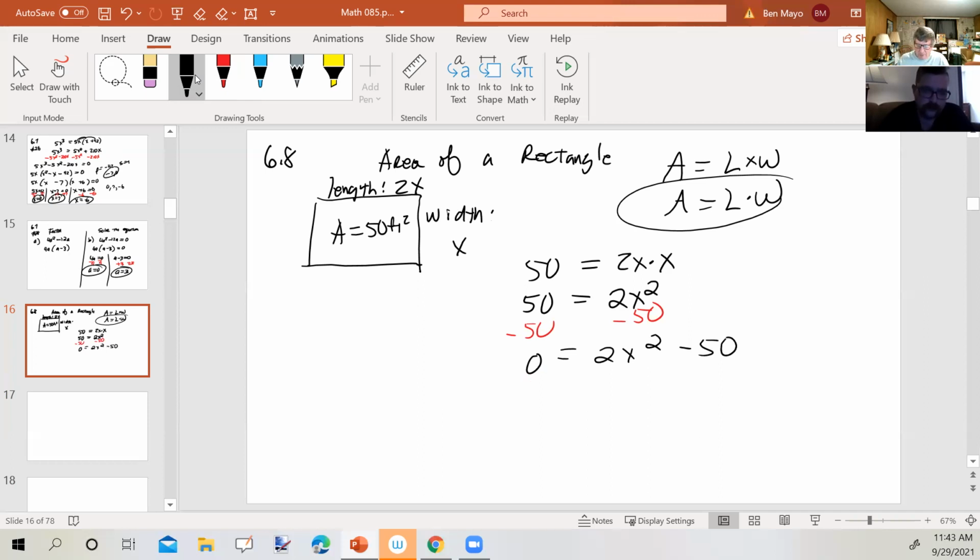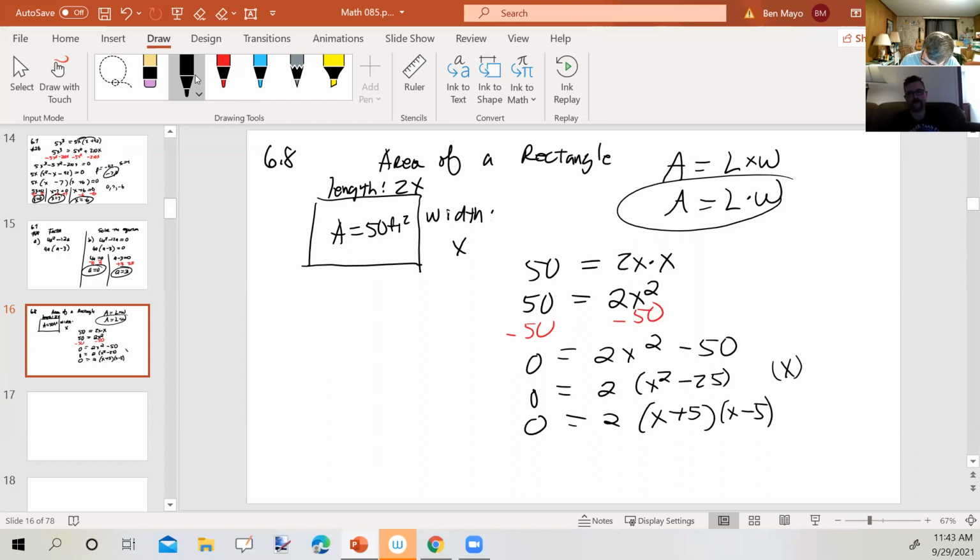Now, on the right side, I can factor out a 2. x squared minus 25 would be the difference of two squares, because it would be x squared minus 5 squared. So now I've factored the right side completely: 0 equals 2 times the quantity x plus 5 times the quantity x minus 5.